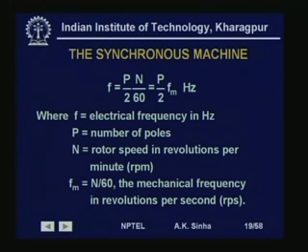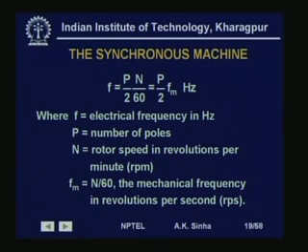This we can write also as P by 2 into Fm, where Fm is the mechanical frequency. That is, you can see it in terms of number of rotations per second.